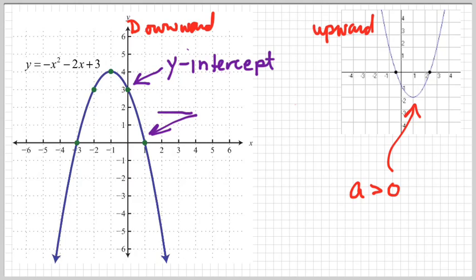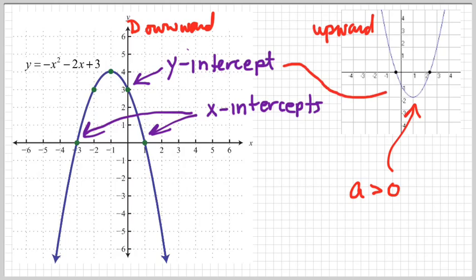These points there and there are x-intercepts. That's where they cross the x-axis. Let's show you corresponding parts on the other graph. On the graph to the right, the one that opens upward, there's its y-intercept. That would be at 0, negative 1. And its x-intercepts are right there at that big dot and at that point. Those are x-intercepts and y-intercepts.